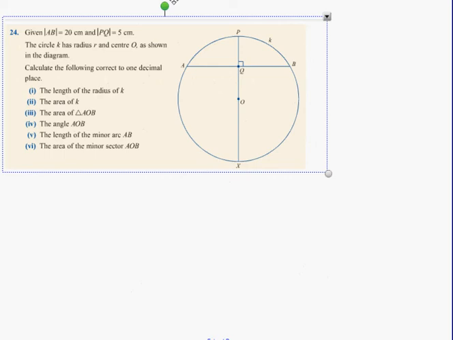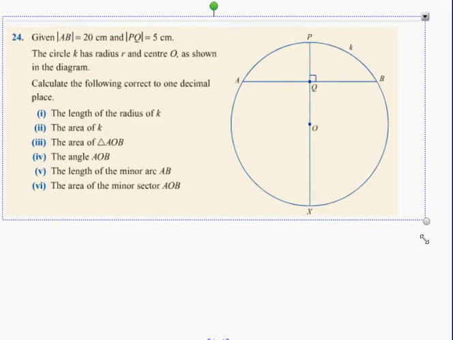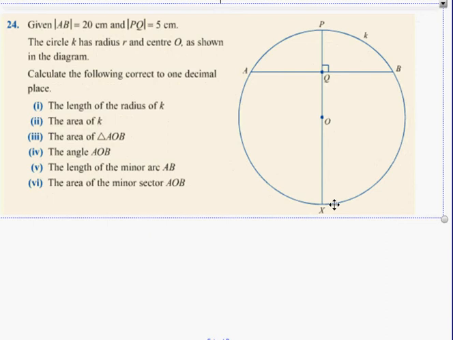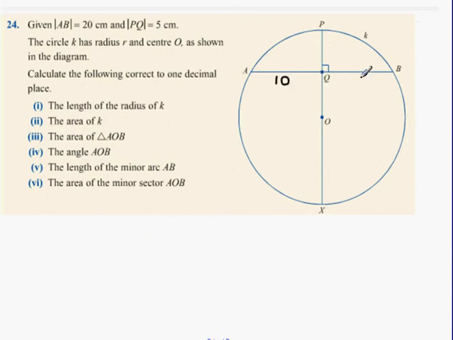Number 24. Given that AB equals 20, that means this will equal 10, this one here equals 10. Circle K has a radius of R, as shown in the diagram. PQ is worth 5, so that's PQ from here to here.